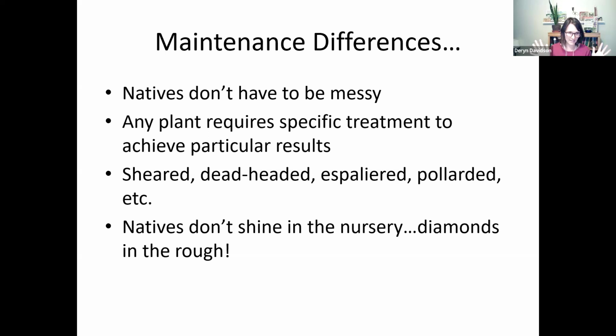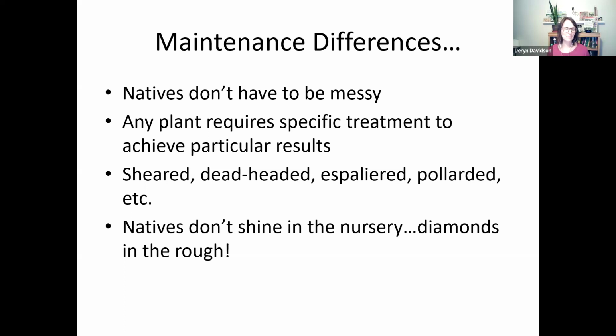They did not look like that naturally. So native plants, now that they're getting into the industry and into the mainstream more, people are trying to figure out how to put them through what are called finishing protocols to be able to put them in a pot and sell them and have them be attractive in a nursery container.